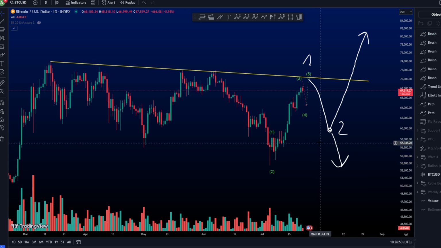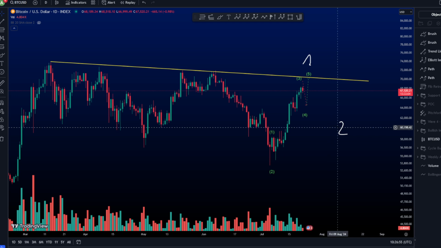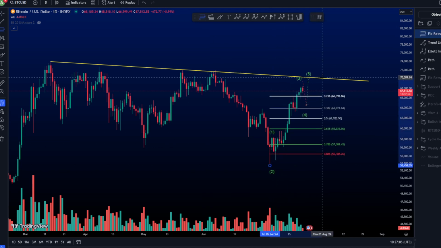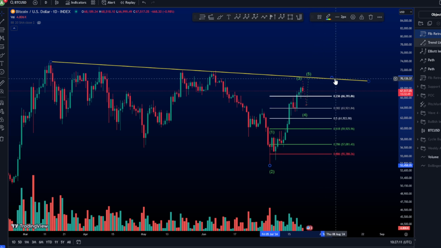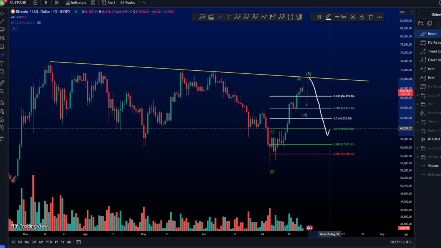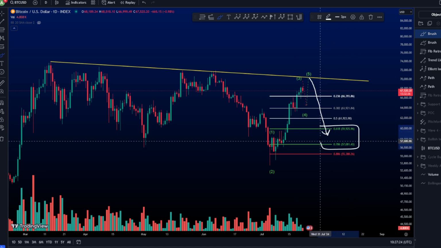To be more precise with that, I'm going to try to predict a little bit more. If we take this retracement, and we say that we reach this point with the trend line, our expectation for a wave 2 retracement back is to be between this area, between 59,900 and 57,000.